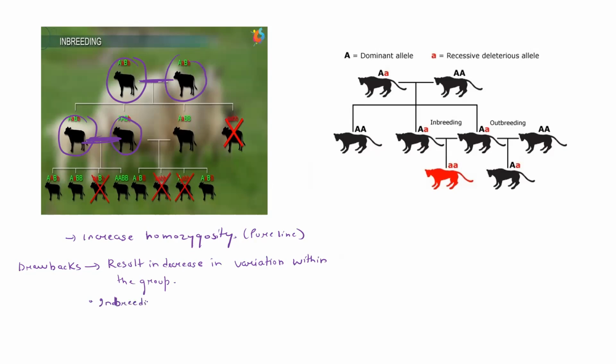Inbreeding depression means after some time, the offspring will have reduced fertility and even reduced productivity.